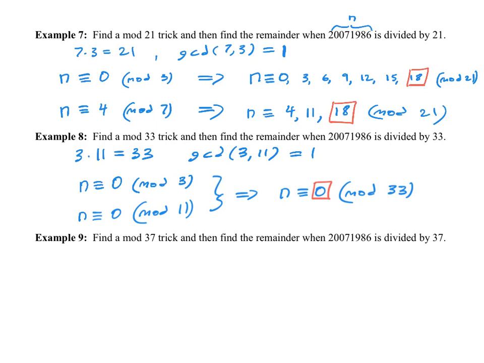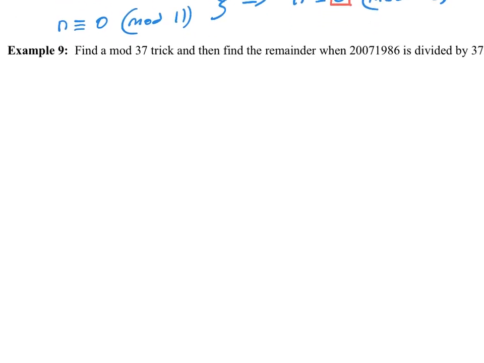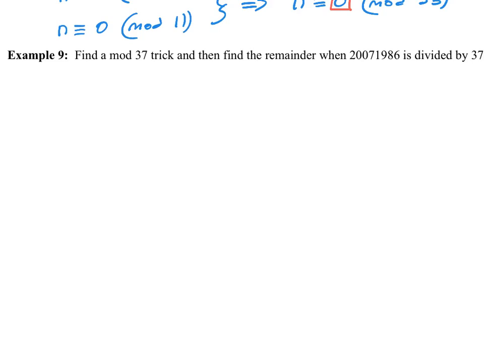Okay, we'll do one more example for this video where we'll discuss trying to find a mod 37 trick. So this will give us an example of the other method, trying to find a power of 10 that reduces nicely. So if we do 10 to the power 1, we get just 10 in mod 37. 10 to the power of 2, that would be 100, and that would reduce to 26 in mod 37.